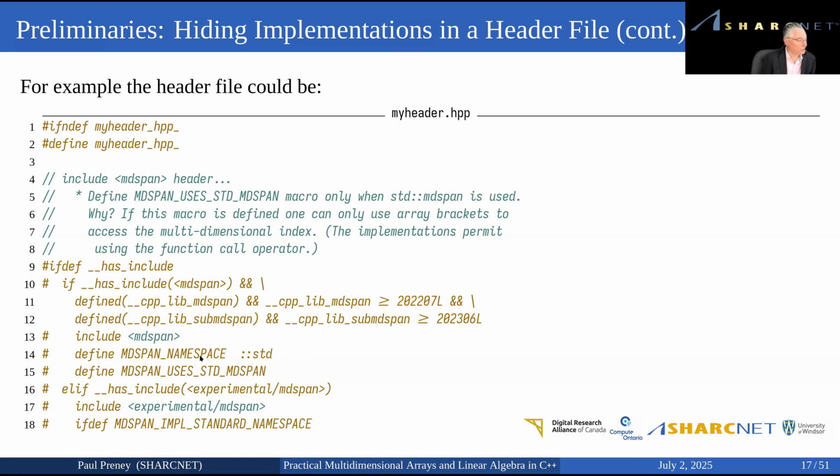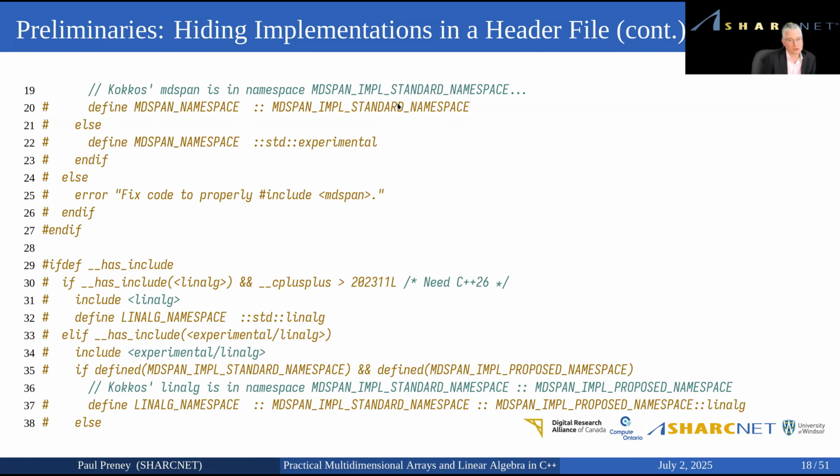And I define a macro where the namespace is, and that's because the namespaces aren't the same in the other implementations. Since I included authentic mdspan, that means you must use square brackets. So I did the #define MDSPAN_USES_STANDARD_MDSPAN. If that macro is defined, you know you have to use square brackets, and you can do that in your code. Otherwise, include experimental mdspan, and the namespace for it is this long thing.